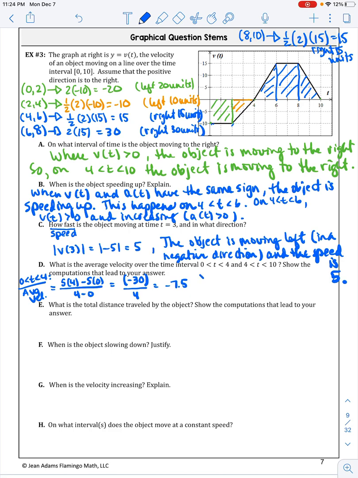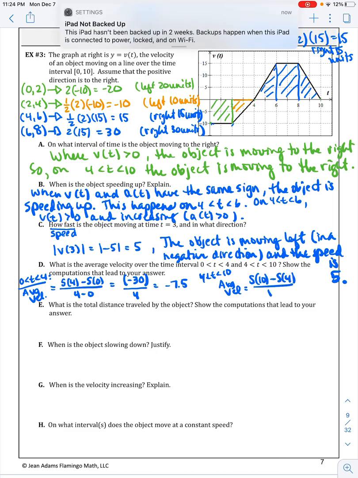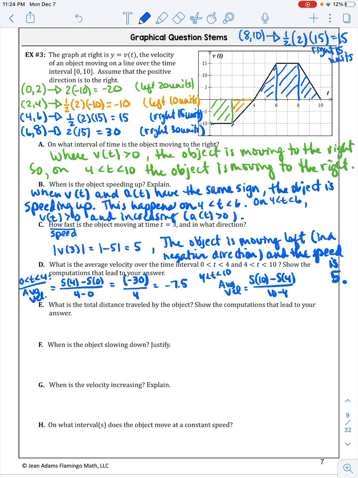So that's your average velocity on that interval, distance over time. And then for your t values from 4 to 10, your average velocity is going to be your s of 10 minus s of 4 divided by 10 minus 4. Well, the distance between 4 and 10 is going to be 15 plus 30 plus 15, right?